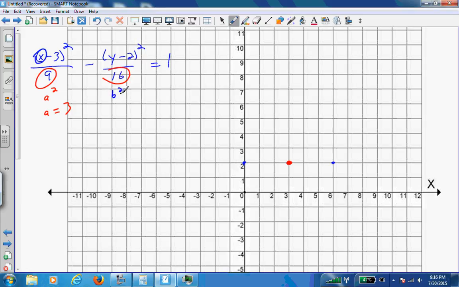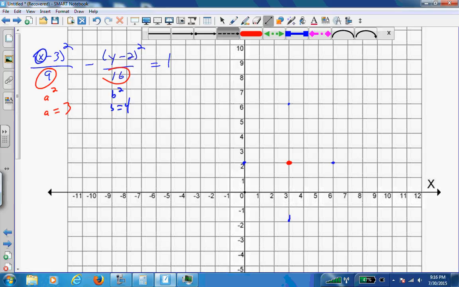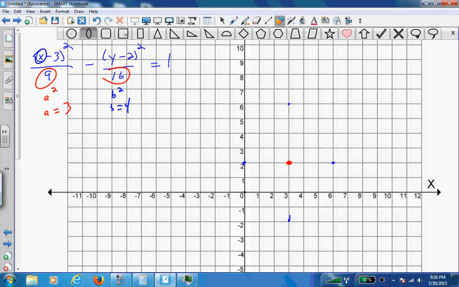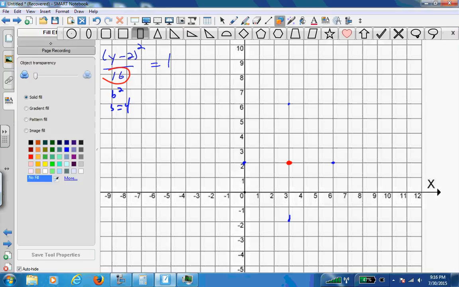This is b squared, so b is 4. That's in the y direction, so from the center we go up 4 and down 4. Now, if we draw a rectangle through those points, let's see.